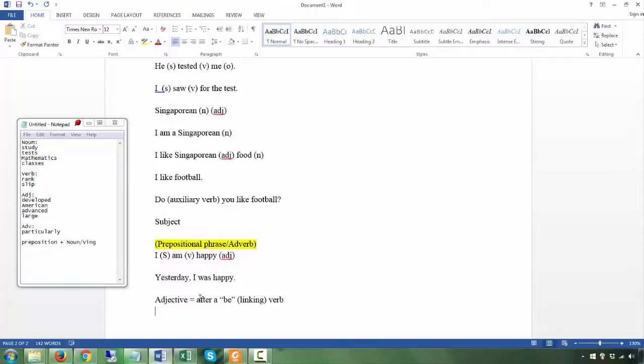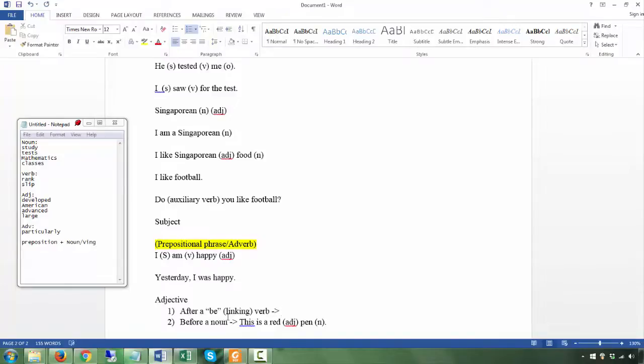Or the second position would be before a noun. Okay, like this is a red pen. Red is an adjective, right? And then pen is, of course, the noun. Okay, so an adjective could come after a be verb or before a noun.